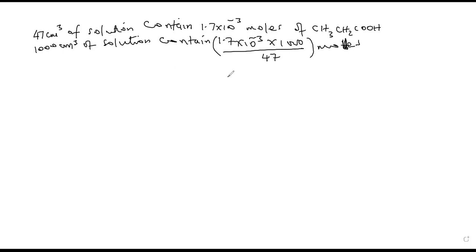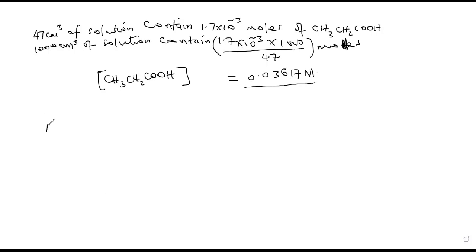This will give us the concentration of propanoic acid as 0.03617 moles per dm cubed from the calculator. You press your calculator, you get this answer.